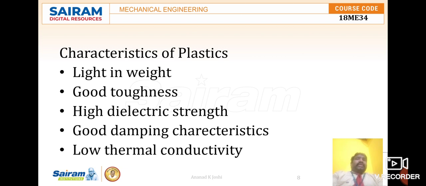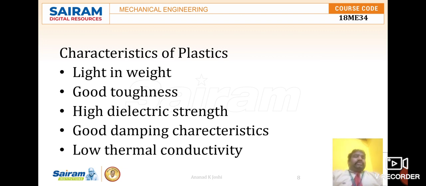They resist corrosion and the action of most inorganic chemicals, like oil and grease, possess low moisture absorption, and can easily be molded to desired shapes, especially thermosets. They have good damping characteristics, and can be made transparent, translucent or opaque. So these are some of the characteristics or properties of plastics, and they also have some advantages and disadvantages, which will be discussed in the coming slide.